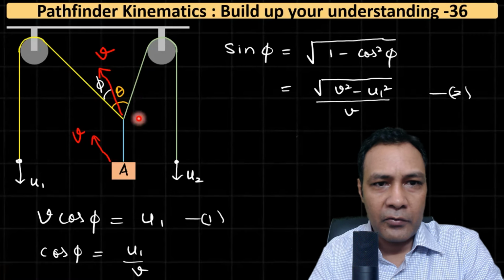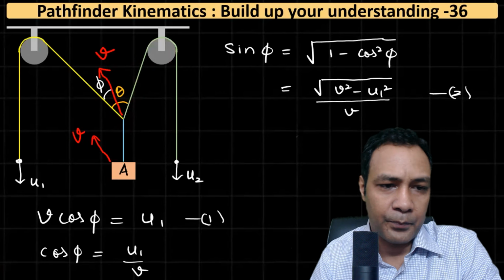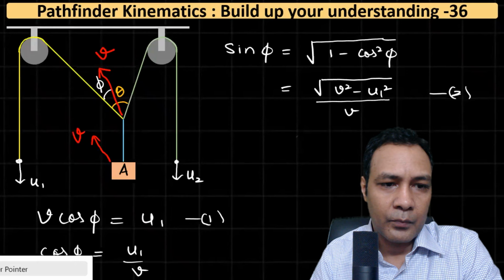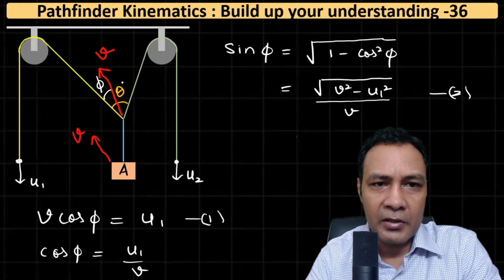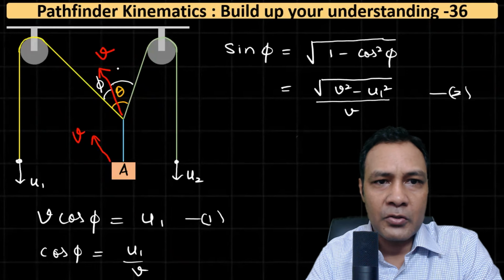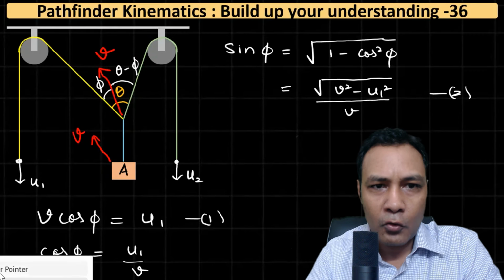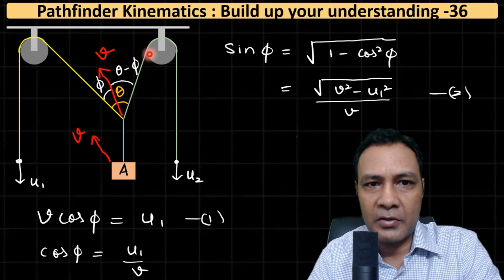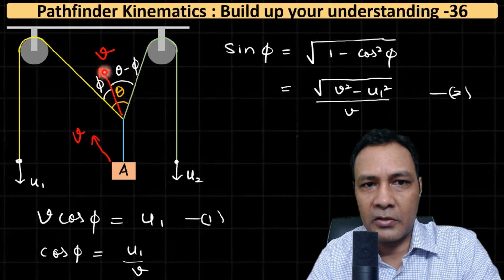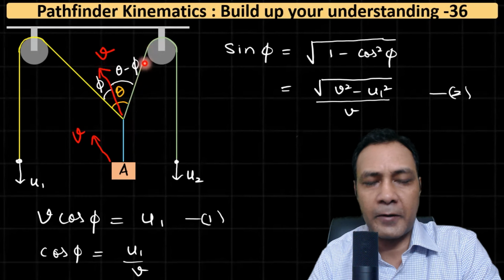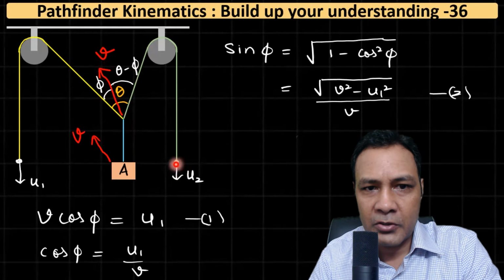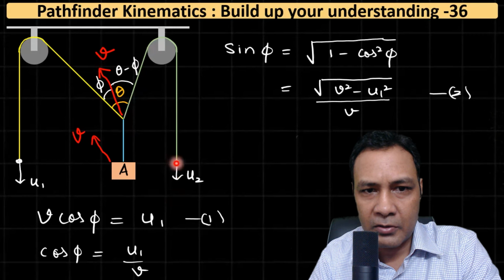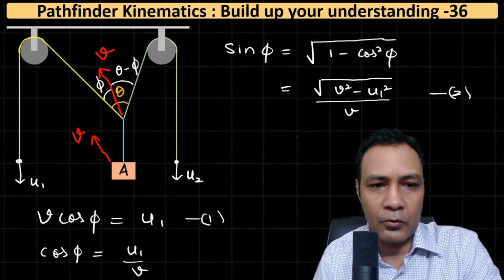And in the same way, I will apply the constraint equation on this string. This whole angle is theta, this angle is phi, so this angle would be theta minus phi. So the component of the velocity of this point of this string along this length will be v cos(theta minus phi), and the component of the velocity of this point of the string along the length is obviously u2.